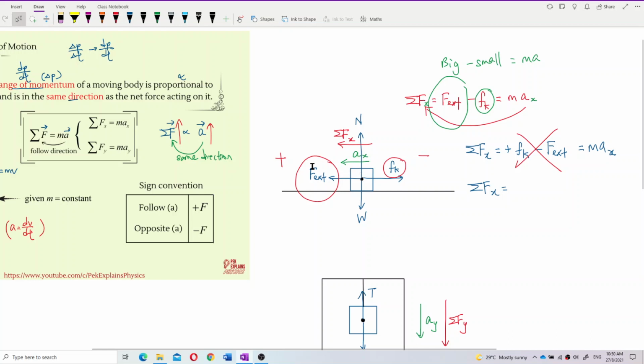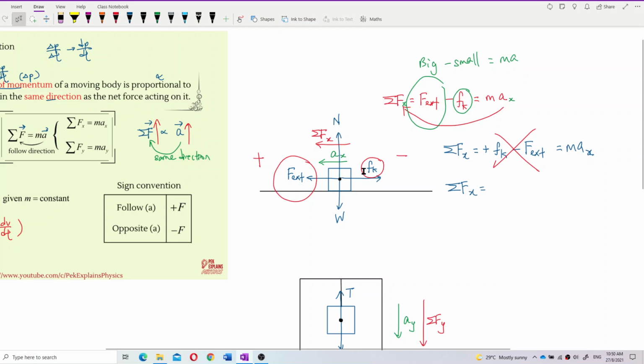Because now acceleration is to the left, the force to the left is positive, and the force to the right, which is opposite direction with the acceleration, is negative. So which force follows the direction of acceleration? The external force follows, because acceleration is to the left, and this external force is also to the left.